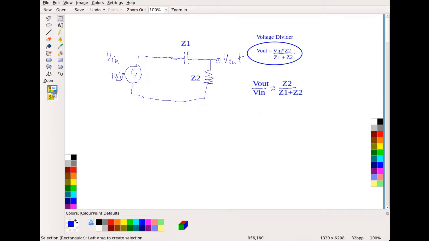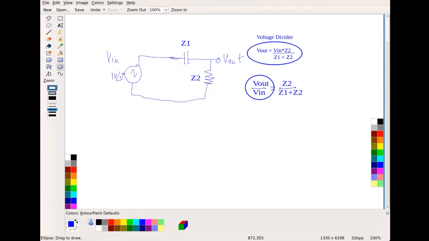If we then divide by the voltage Vin on both sides, we get this ratio of voltage out divided by voltage in.